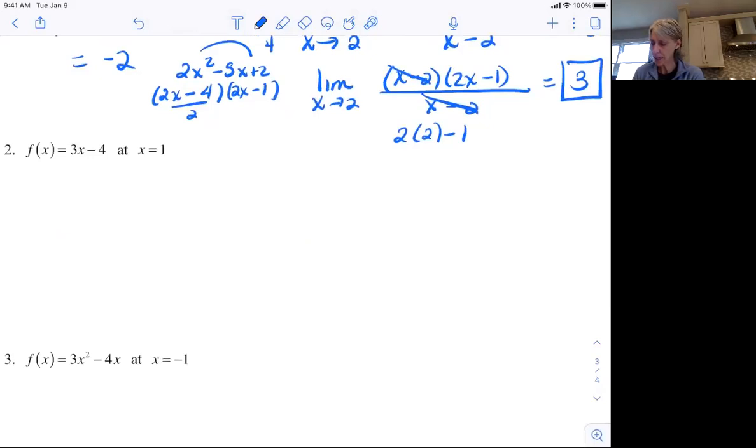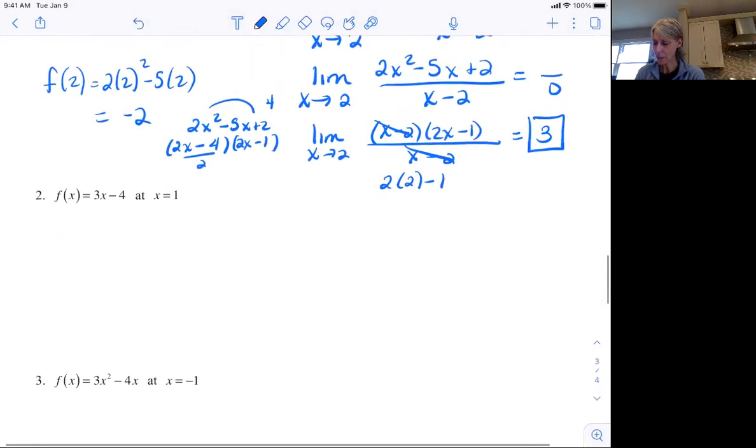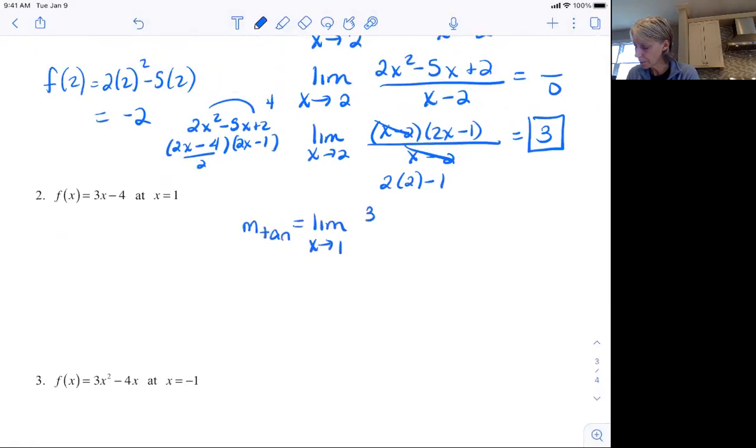f(x) equals 3x minus 4 at x equals 1. The slope of the tangent line is going to equal the limit as x approaches 1 of f(x), which is our rule, minus f(1). Plug 1 in. 3x minus 4 minus negative 1.